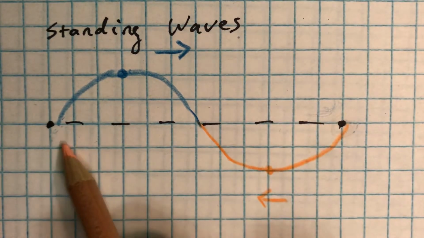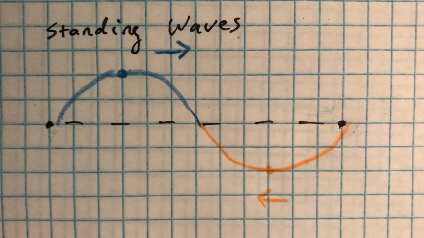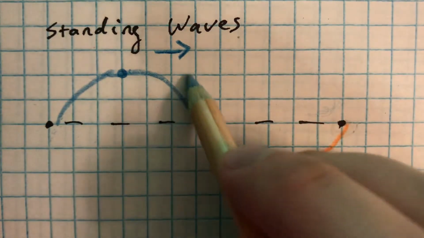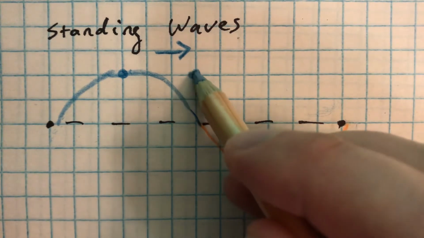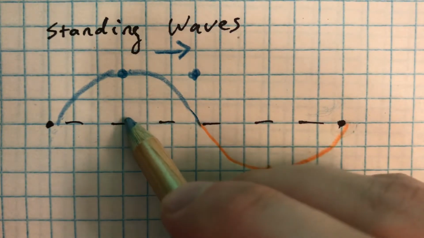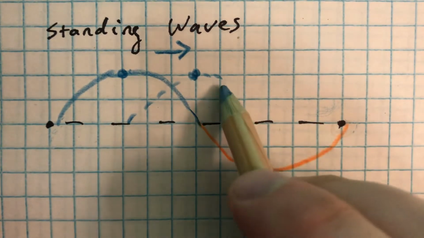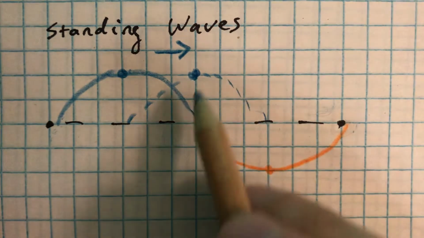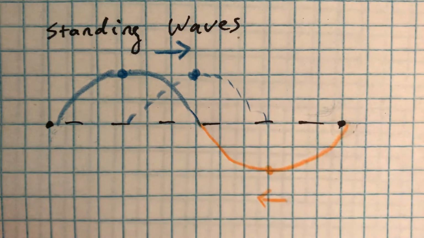If I'm making these pulses with some sort of regularity, a moment later, we would have my incoming pulse wavefront around here, and a reflection about here.